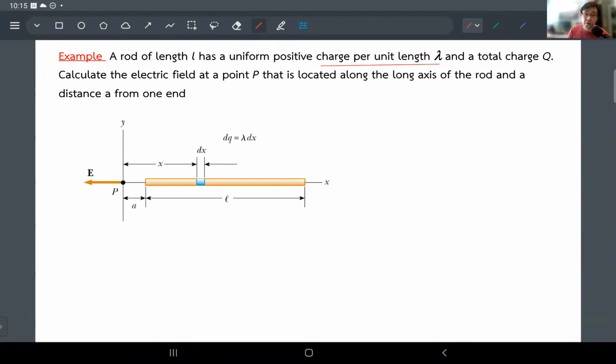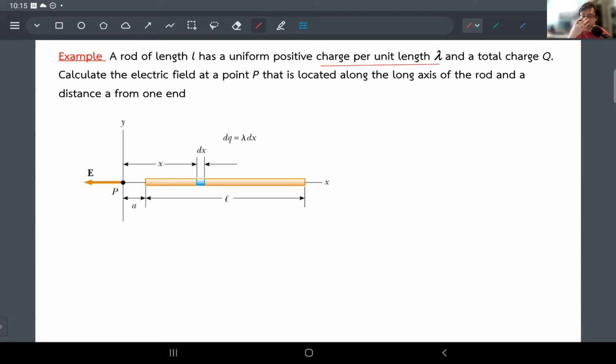According to the figure that's already there, that's kind of nice. They place point P at the origin and slide the rod a little toward the right, so the left end of the rod is at a distance a.